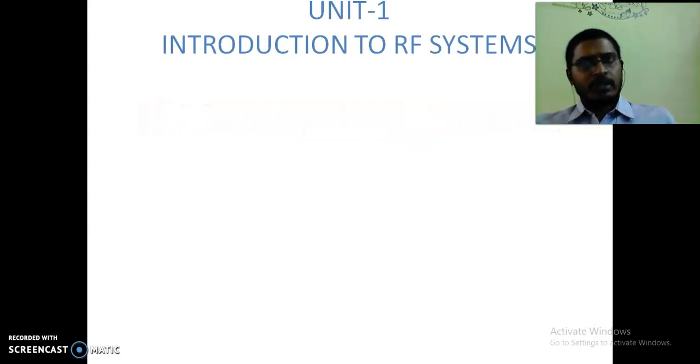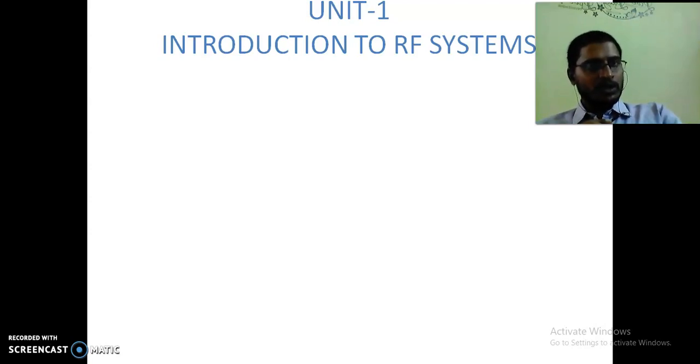So, first unit, introduction to RF systems. What is an RF system? The systems which are operated at radio frequencies are called RF systems. An RF system basically consists of a transmitter and a receiver, with some space between them. In the transmitter, we have a transmitting antenna; in the receiver, we have a receiving antenna.